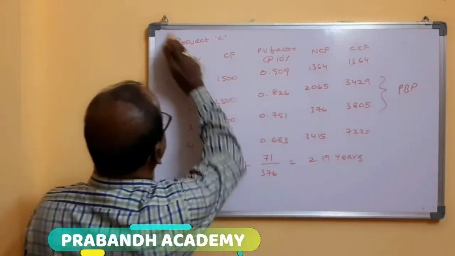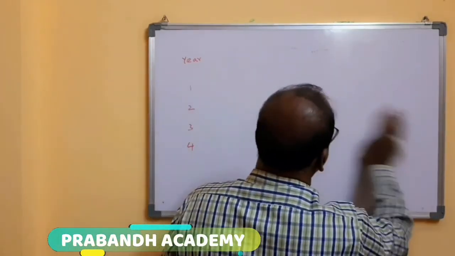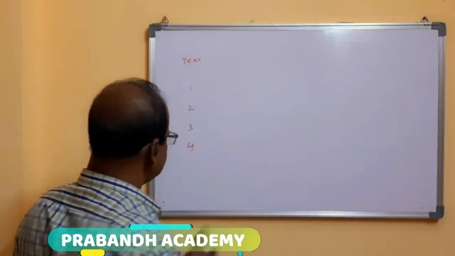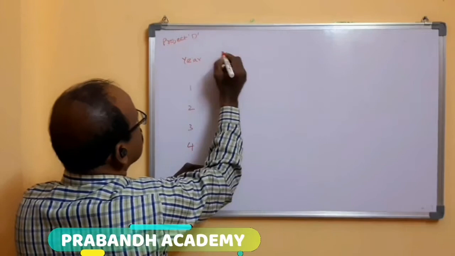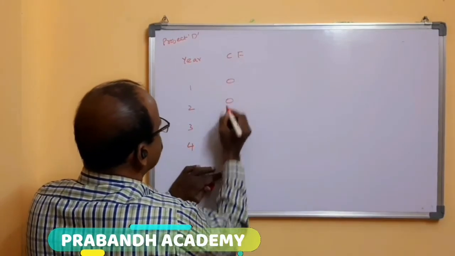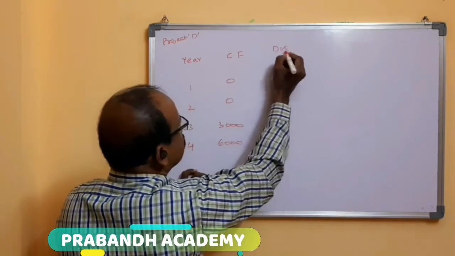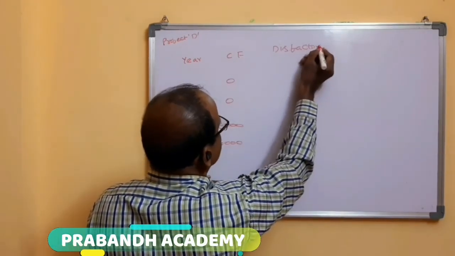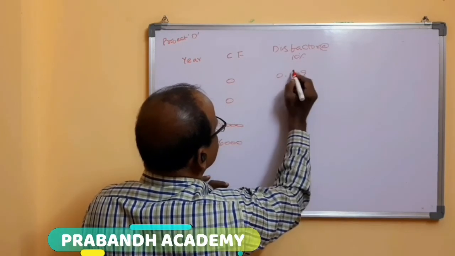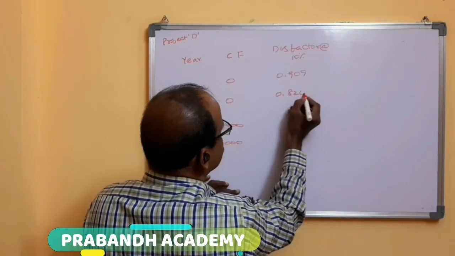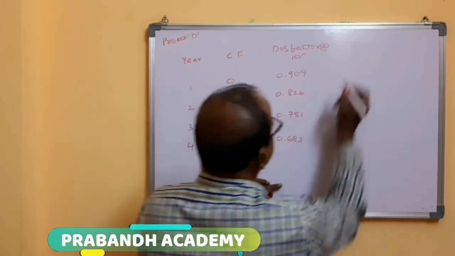Now we calculate project D. Cash flows, discount factor at 10%, 0.909, 0.826, 0.751, 0.683.